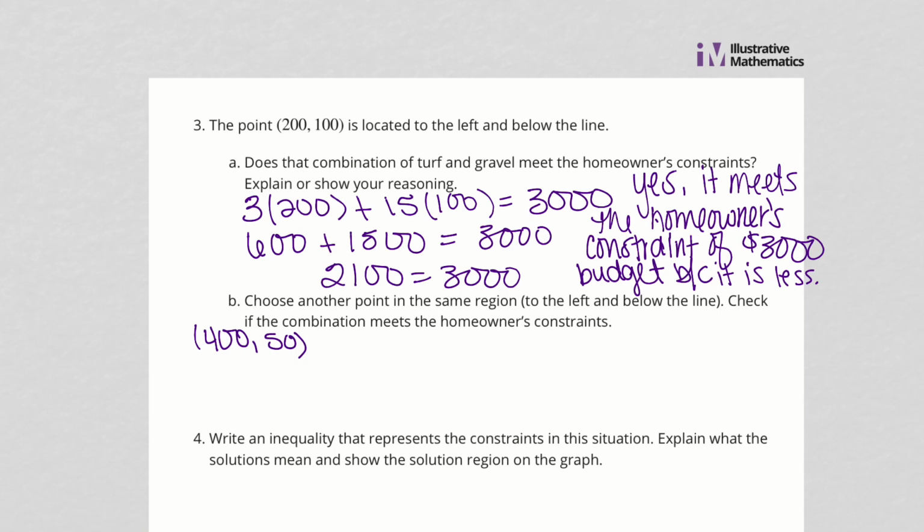Okay. So we're going to check if the combination meets the homeowner's constraints. So again, we're just going to plug it in. We're going to have 3 times 400 plus 15 times 50. All right, so we're going to get 1,200 right there. 3 times 400. 15 times 50 is 750.